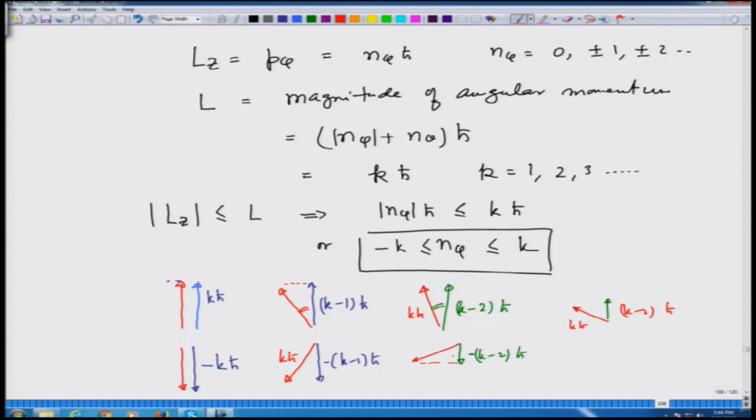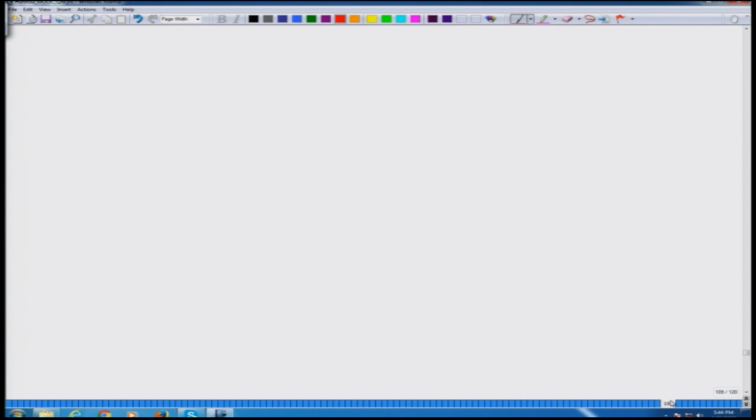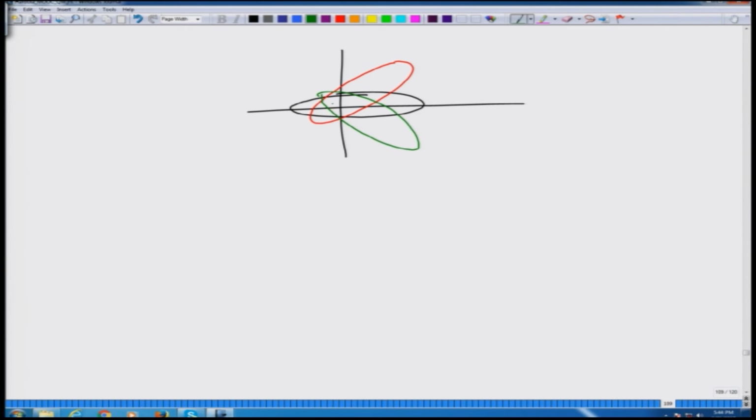So, what this is showing is some sort of a space quantization, that the orbits are such that they could be either in the x y plane, or they could be tilted, but they cannot be tilted arbitrarily. They would be tilted such that the z component is still an integer multiple of h cross, and the total angular momentum remains the same.